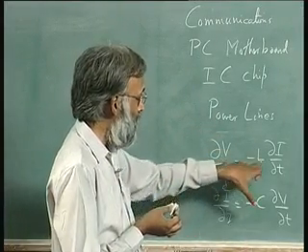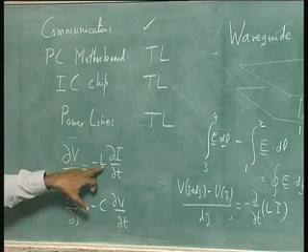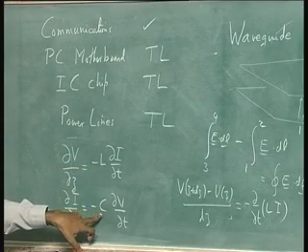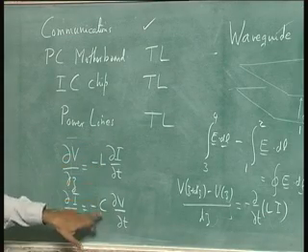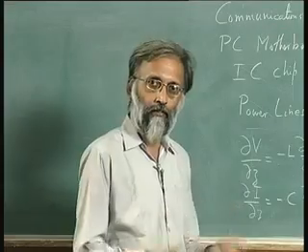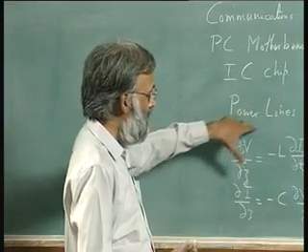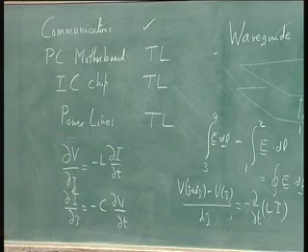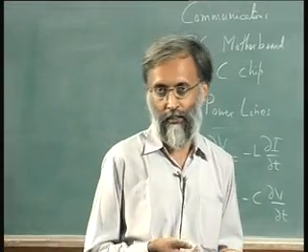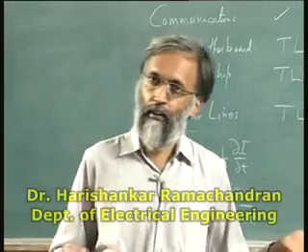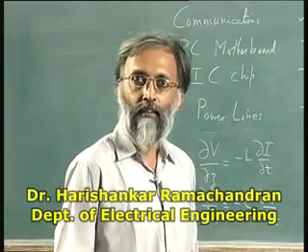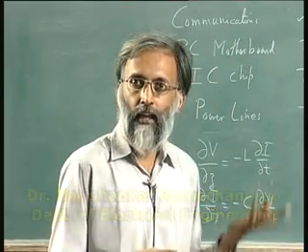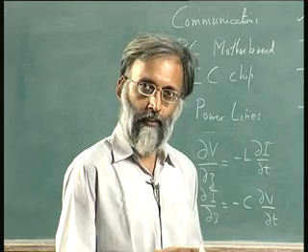You can talk about inductance per unit length, and correspondingly you can talk about capacitance per unit length, and you can, instead of talking about electric and magnetic fields, talk about voltages and currents. And when you do that, this is nothing but the theory of transmission lines. And the theory of transmission lines is the practical aspect of electromagnetic theory.